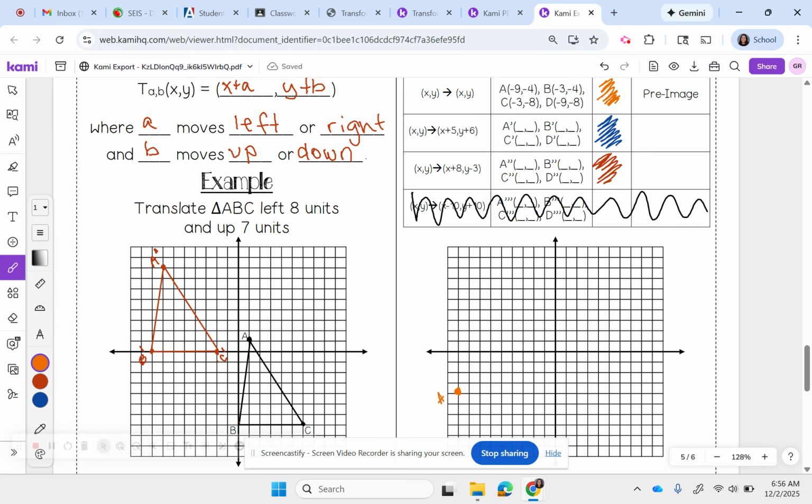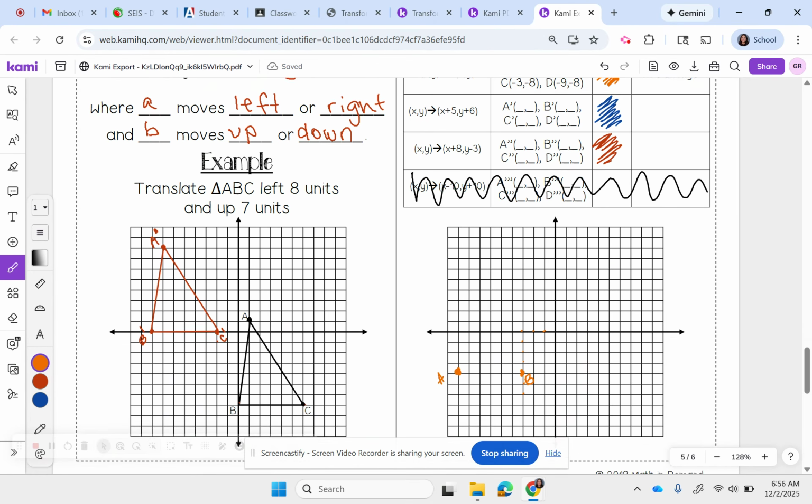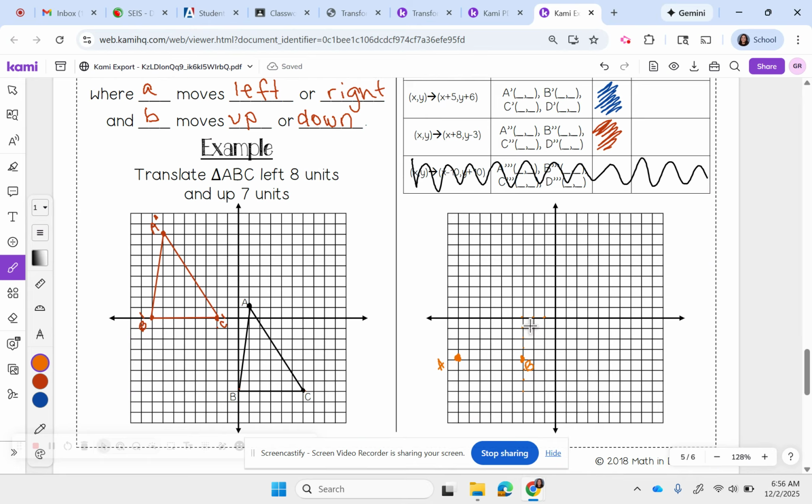Next one we have is B, -3, -4. So I'm counting -3, 1, 2, 3, and I'm going down -4, 1, 2, 3, 4. That's B. C is -3, -8. So I'm going to go same 3, and I'm going down 8. So 1, 2, 3, 4, 5, 6, 7, 8.